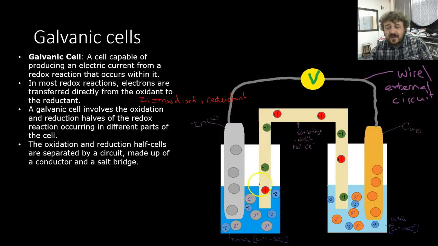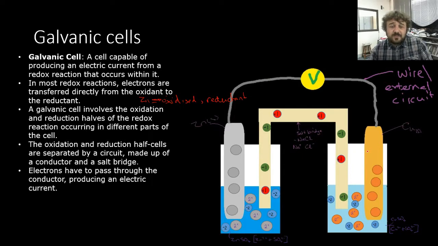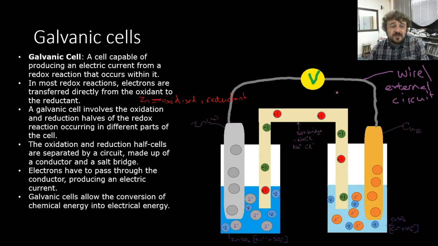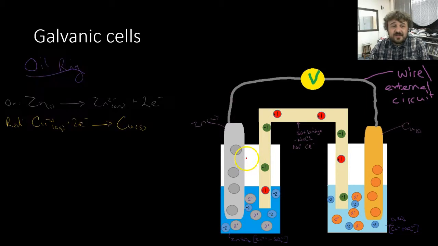And electrons pass through the external circuit, which will be a wire, and that's what gives us the current. That's how galvanic cells work. The galvanic cell allows the conversion of chemical energy into electrical energy.